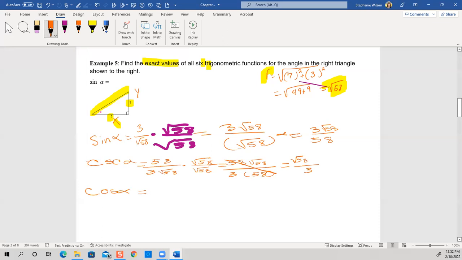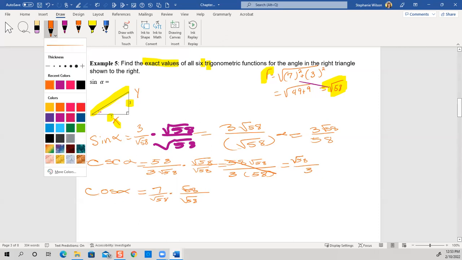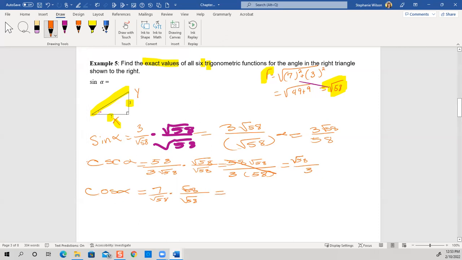Well, we know cosine is x over r, so x is 7, r is the square root of 58, and we can't have the root in the denominator, so I'm going to multiply by the square root of 58. My mouse is acting funny. This is going to equal 7 times the square root of 58 all over 58.